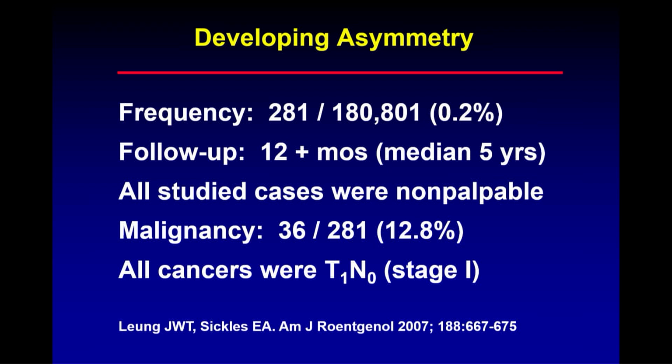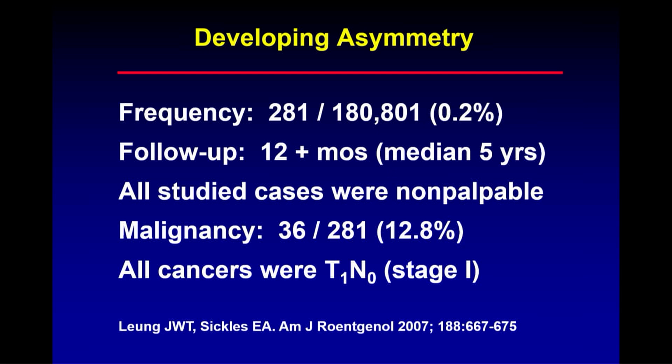All right, here are the numbers on developing asymmetry. This is the largest article published, which was published in 2007, which is really the impetus for creating developing asymmetry. It has almost 300 cases. There are no other papers on developing asymmetry.